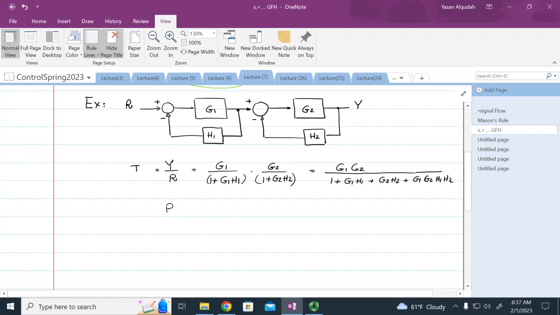So we're going to have R. We have G1. What is the gain on the feedback loop?